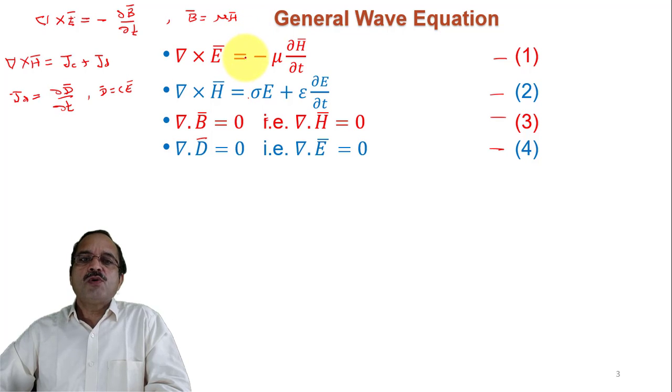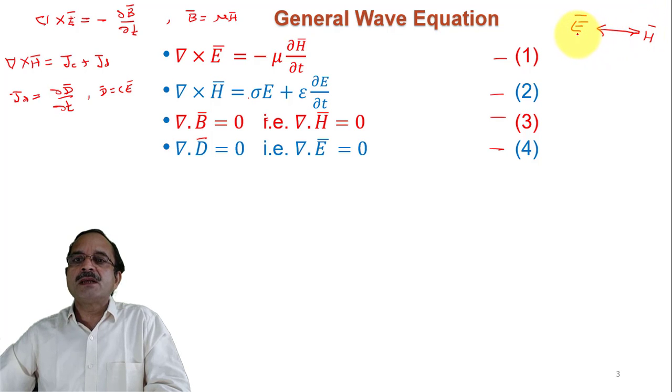These 4 equations give us the relationship between electric fields and magnetic fields, which is similar to the relation between voltage and current when you apply KCL and KVL for the low frequency circuit.